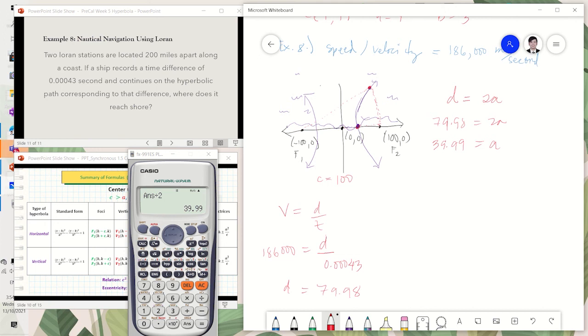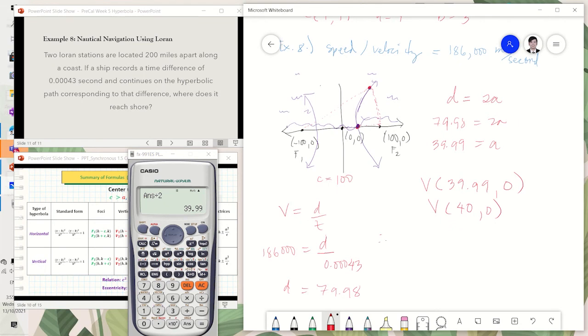And our vertex again involves a. The location from here, since it's positive, would be 39.99, or approximately, we can consider it as 40 already.